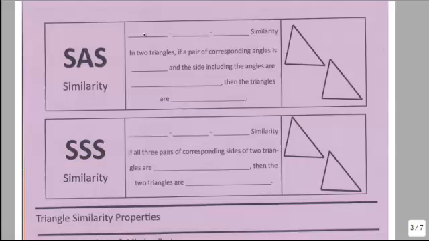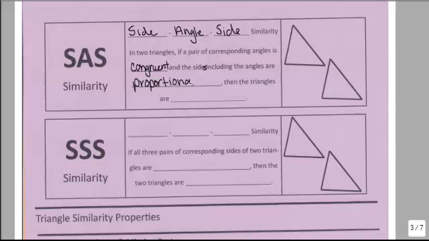These two you both saw in congruence. But remember, congruent triangles are also similar, so they can have the same properties. So side-angle-side similarity: in two triangles, if a pair of corresponding angles is congruent, and the sides including the angles are proportional, then the triangles are similar.